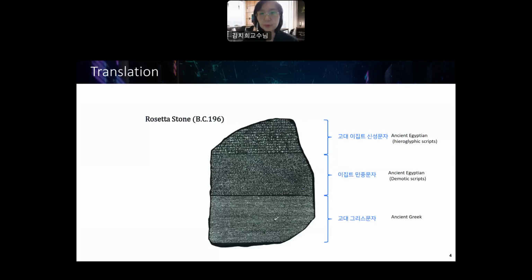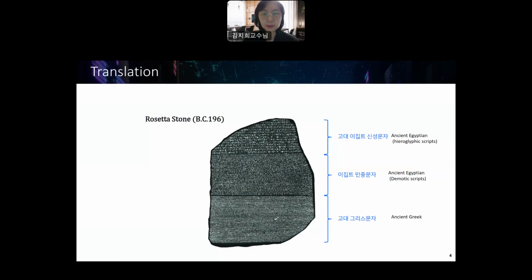The topmost part includes text from ancient Egyptian, particularly hieroglyphic scripts. The middle part is also ancient Egyptian, but in a different form, called demotic script. And the bottom part consists of the ancient Greek language.